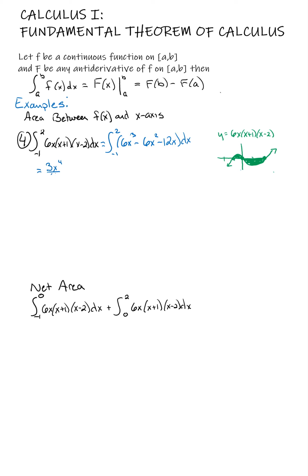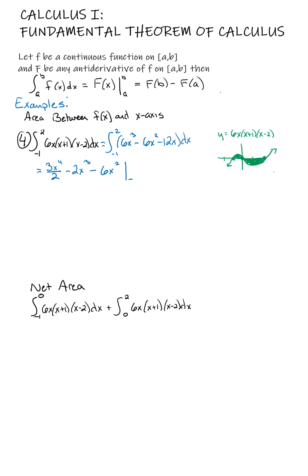That's going to be over 2. Minus 2x cubed minus 6x squared. And then for that arbitrary constant c, I'm going to choose 0.